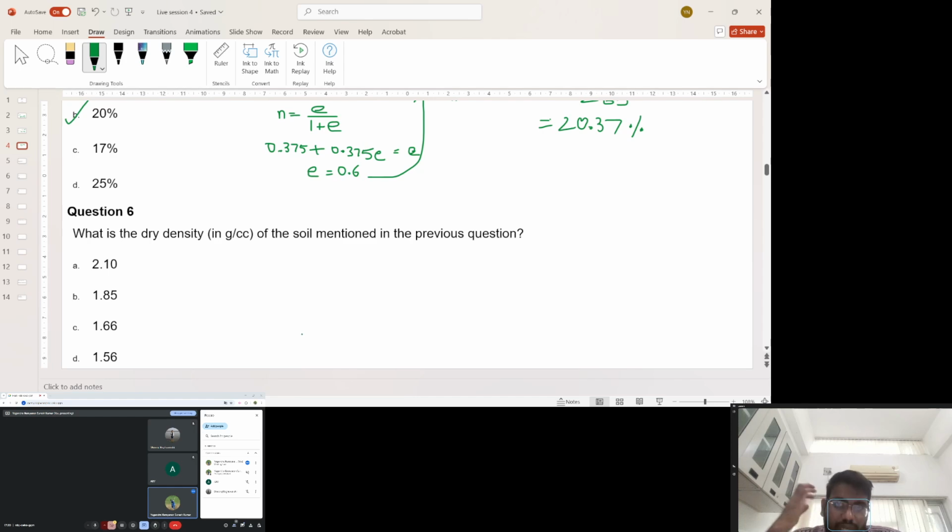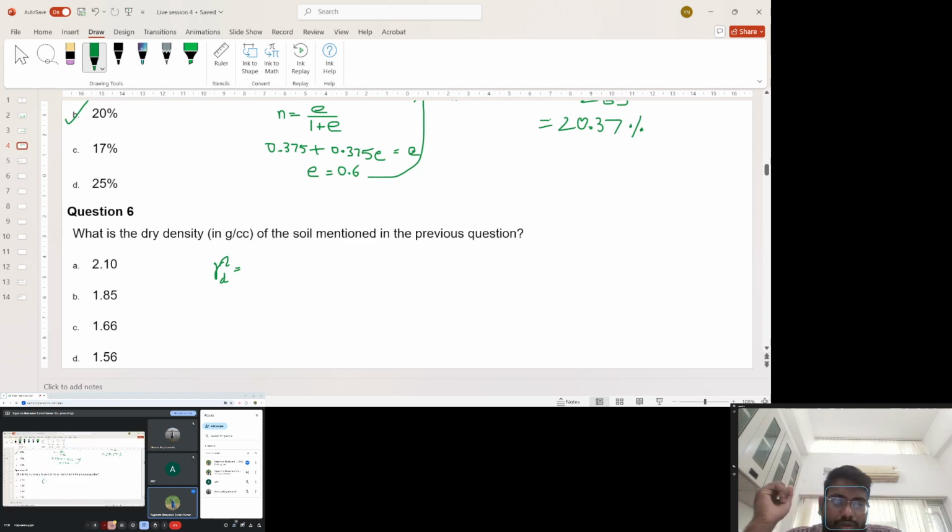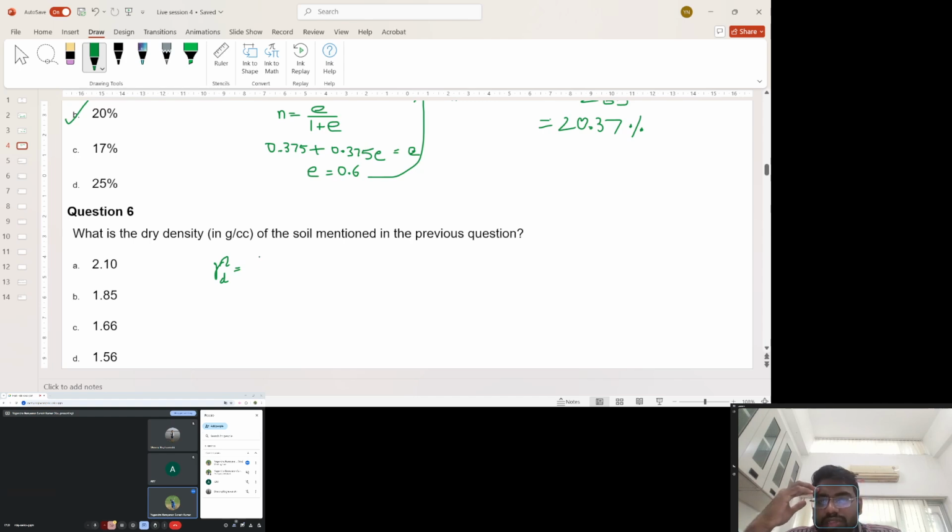So how do you calculate dry density? What is the relation for dry density? Dry density is gamma w Gs by 1 plus e.